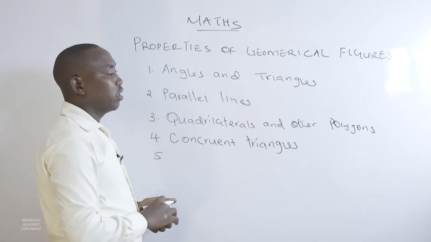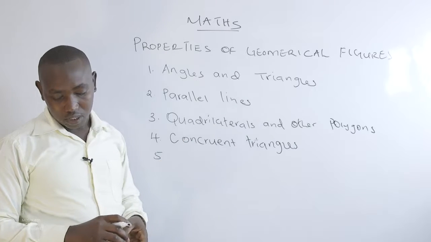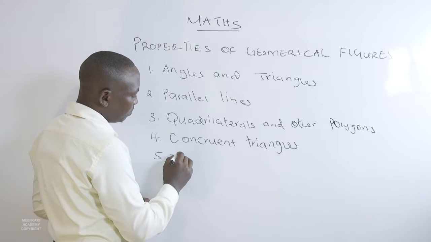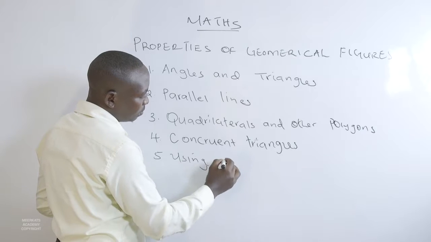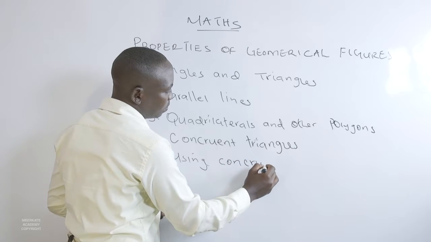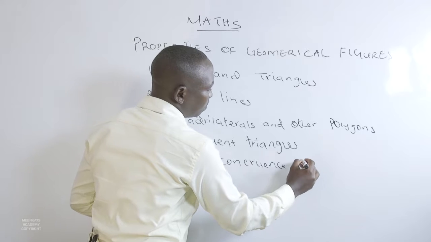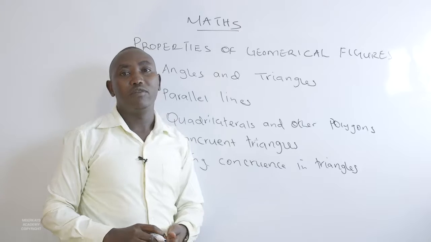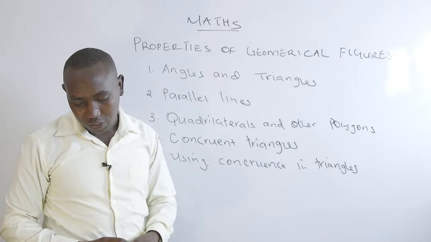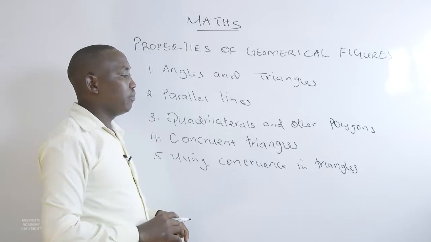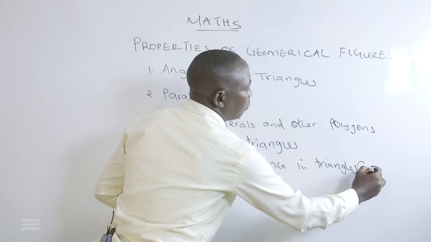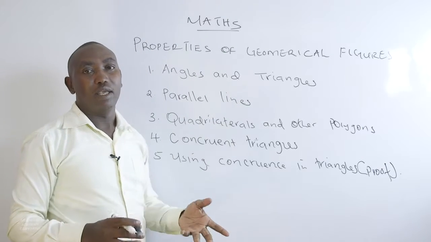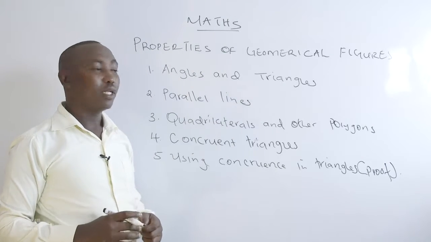Number five, we'll also be touching on concurrency of triangles, and we shall be seeking to establish, using concurrency, how to solve problems involving triangles. And this will simply be the proof of concurrency in giving solutions to problems pertaining to triangles.